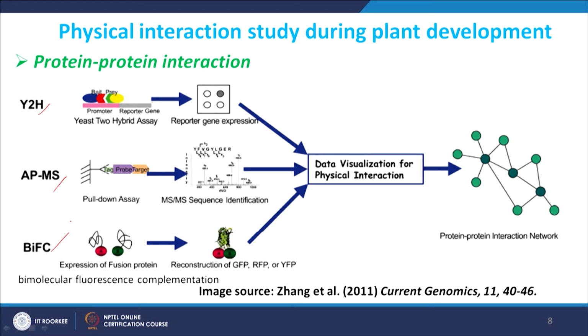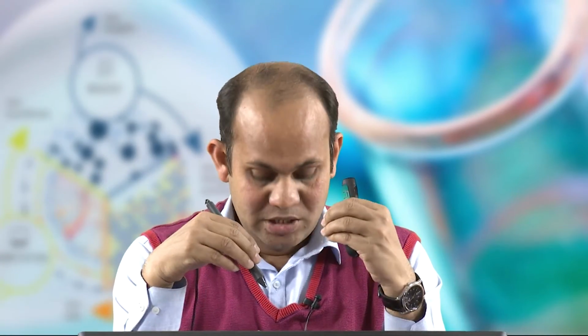So, in yeast two-hybrid, what we are doing, you take a gene and you basically take both the genes. So, here what is important is that you have to have both the genes cloned in different vectors. One will be fused with the bait and one with the prey, and if both the genes are interacting, then the bait and prey will come together and they will give some kind of signal.